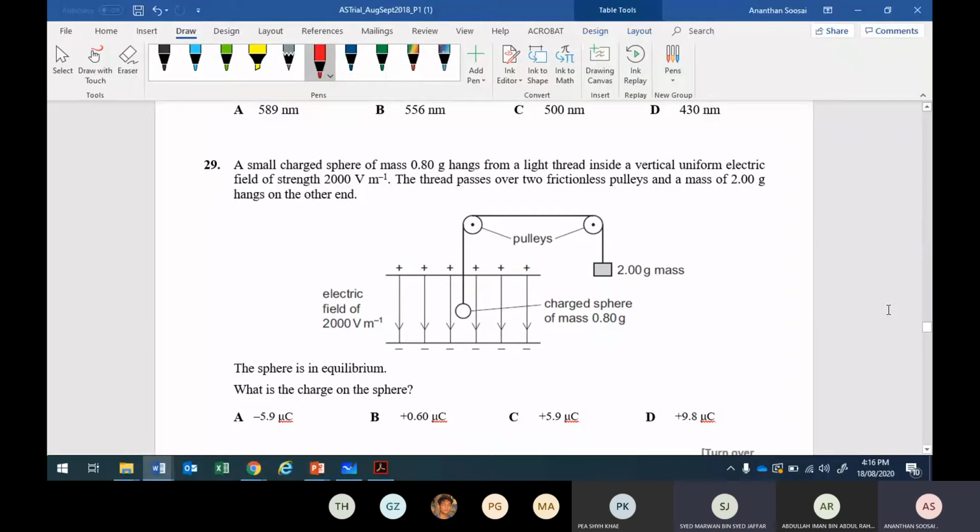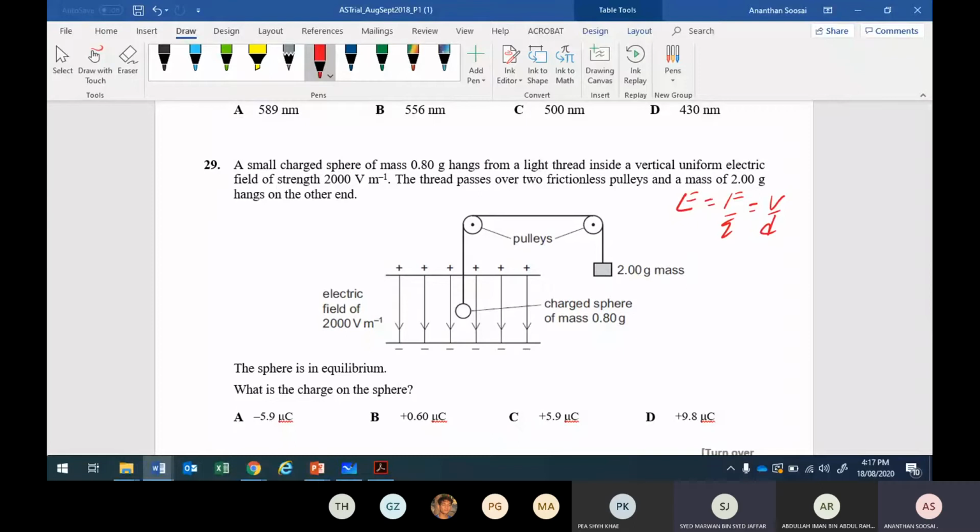Okay, electric field. Recall back your electric field. E equals F over Q, V over D. Force per unit charge, voltage divided by the plate separation.